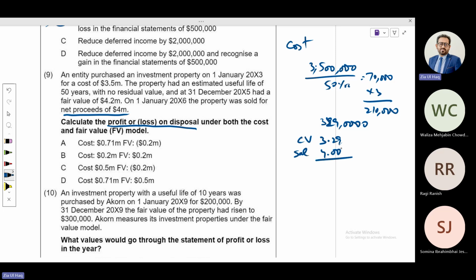Is there any gain or loss? 0.71 million is the gain using a cost model. This means either option A or option D.